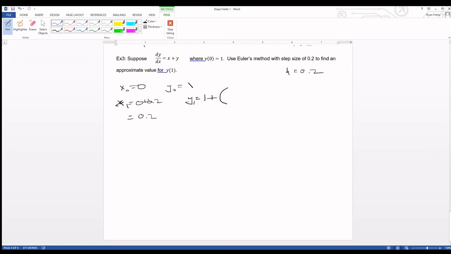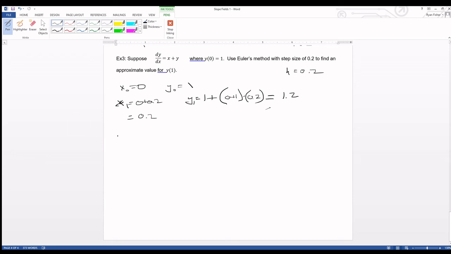So the value of the derivative when I'm at (0, 1): well, the derivative's value is x plus y, so it is 0 plus 1, and I'll multiply by the step size. 0 plus 1 is 1, and 1 times 0.2 is 0.2. So y1 is 1.2.